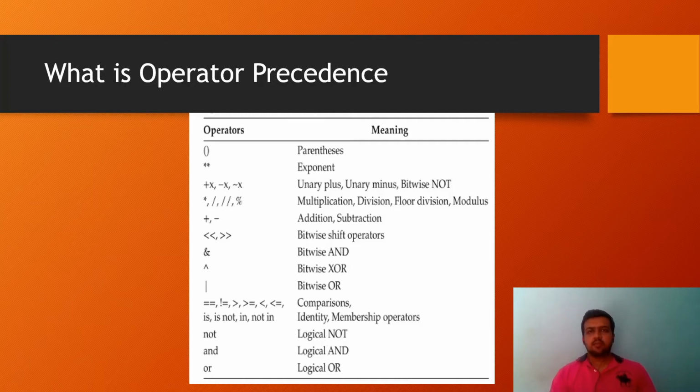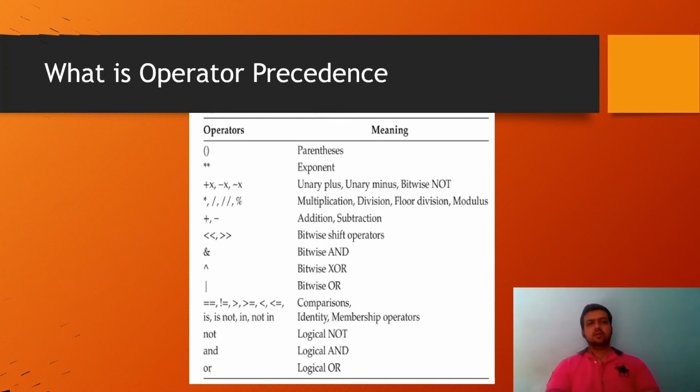Even if I apply a positive sign to a negative value, it's going to be the same. It is just for formality. But in the case of unary minus, if I apply a unary minus operator to a positive value, it will change the value. Similar is the case with a negative value: if I apply a unary minus operator on a negative value, it will change it to positive. So that's the most important thing about operator precedence.